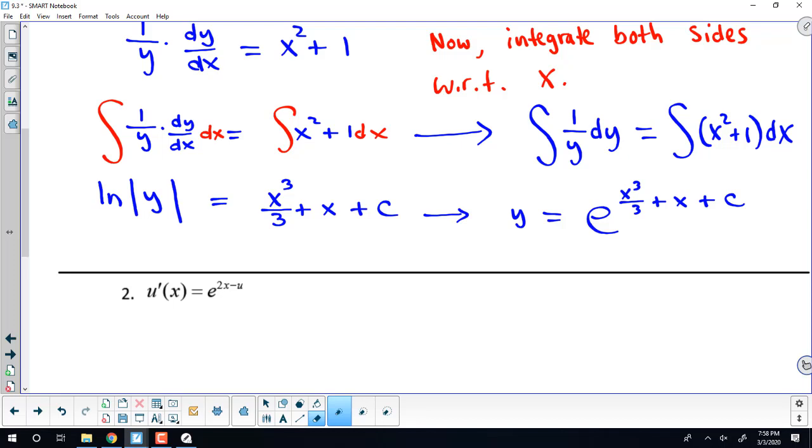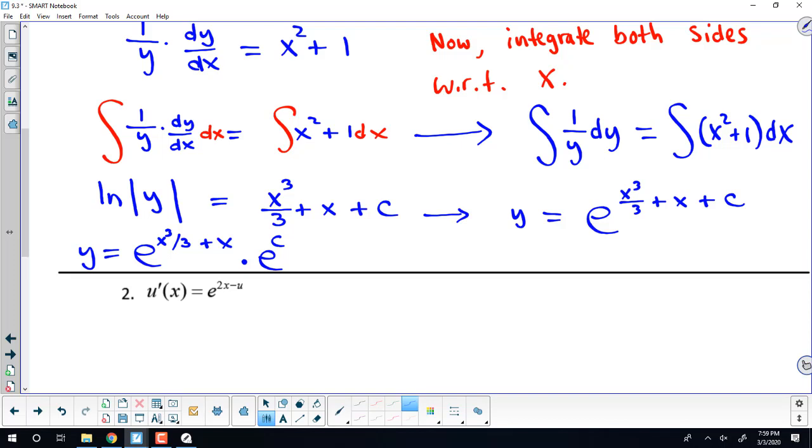All right, so that's our solution. This is y of x, or y, if you will. Typically, they take it a step further because e to this power gets rewritten as y equals e to the x cubed over 3 plus x power, multiplied by e to the c, just by properties of exponents.